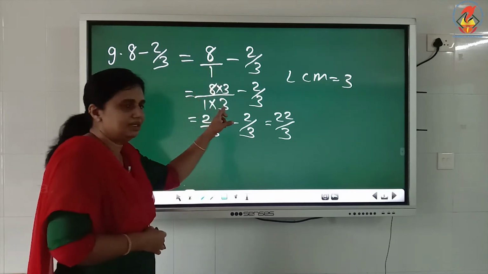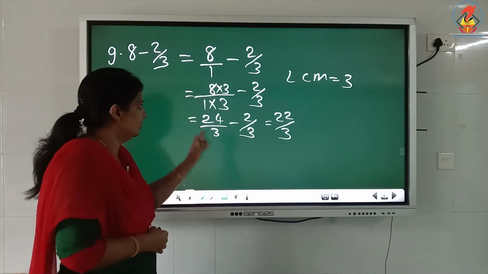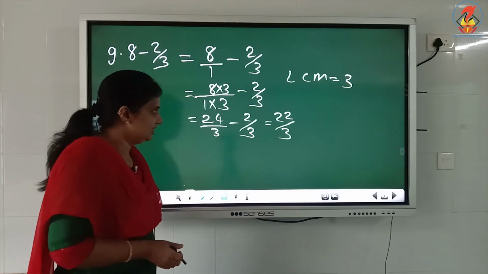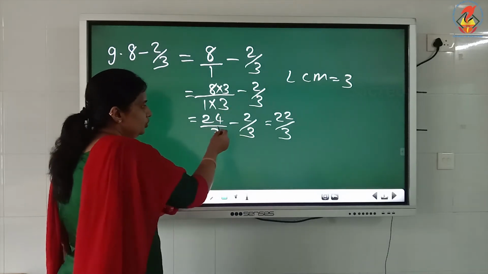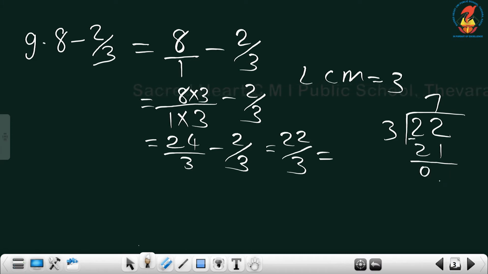Whatever we multiply the denominator by, we need to multiply the numerator by also. And it will become 24 by 3 minus 2 by 3, and it will become what? 22 by 3. After that, whenever an improper fraction comes, I need to change it into what? I need to change it into a mixed number. How? 7 and 1 by 3.